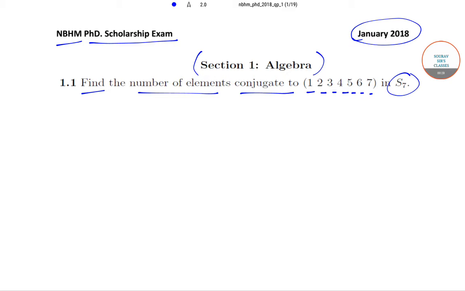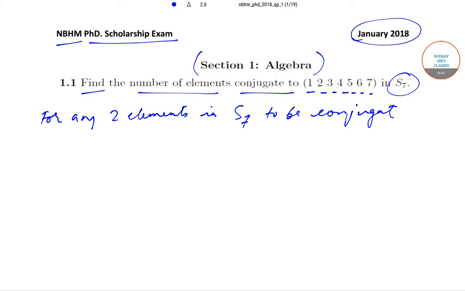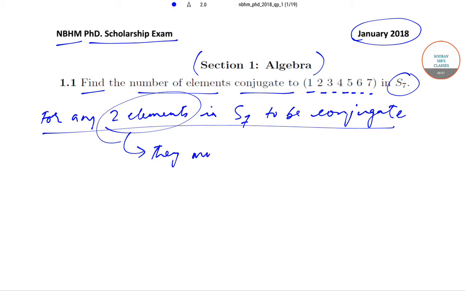Now we know that for any two elements in the group S7 to be conjugate, the condition that needs to be satisfied is that the two elements must have the same cyclic structure.